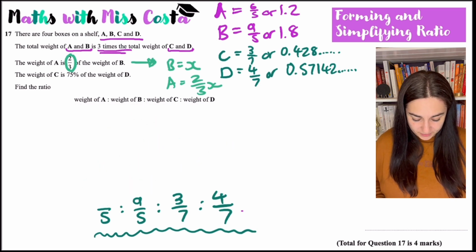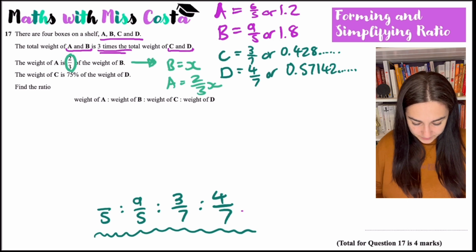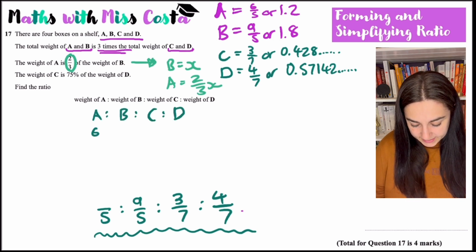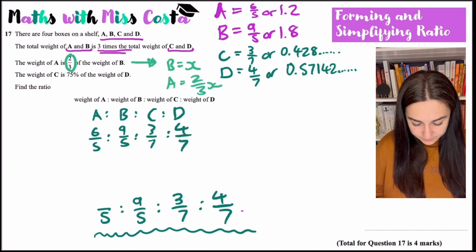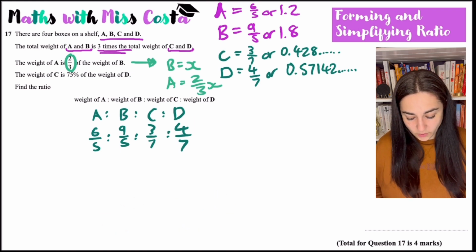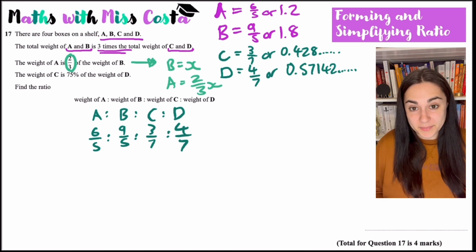So let's just have a go at seeing what we'd need to do. A to B to C to D is 6/5 to 9/5 to 3/7 to 4/7. Now, in order to simplify this, I want to turn them all into whole numbers. And what's the best way of turning them into whole numbers? Just multiply by the denominator.